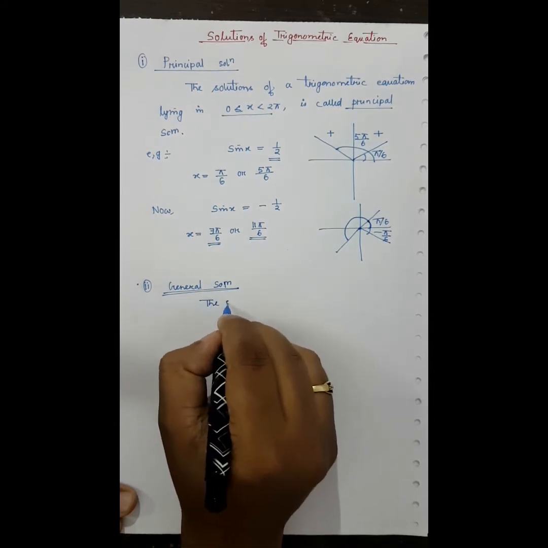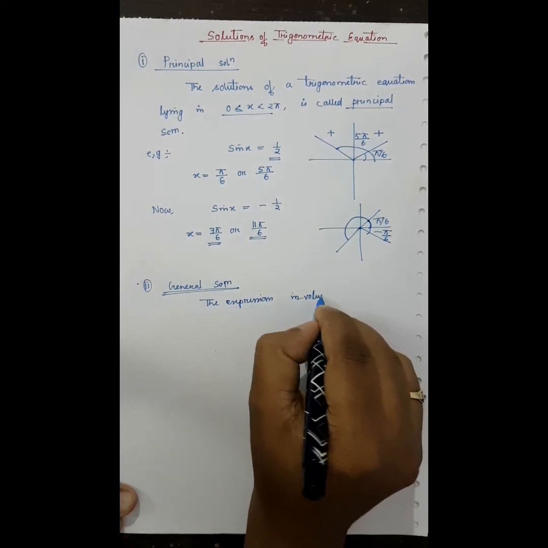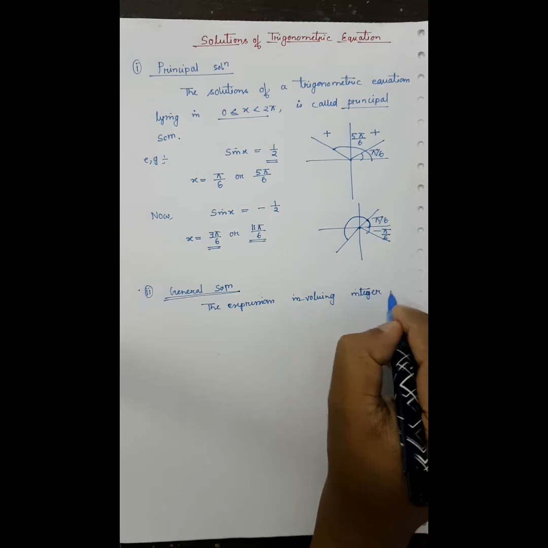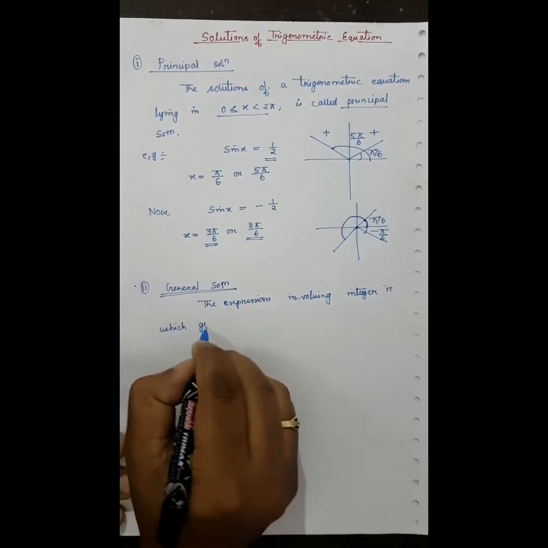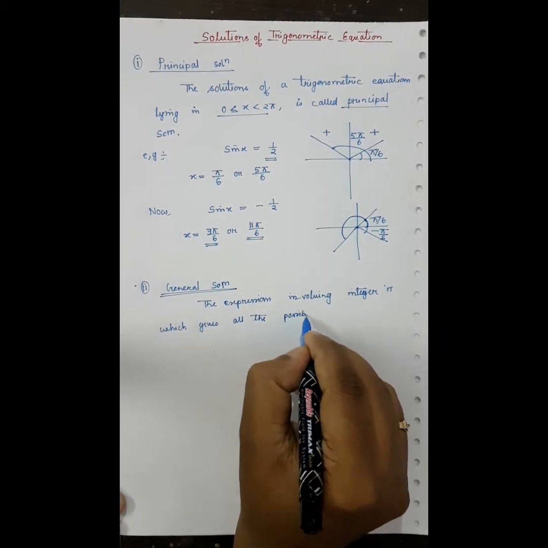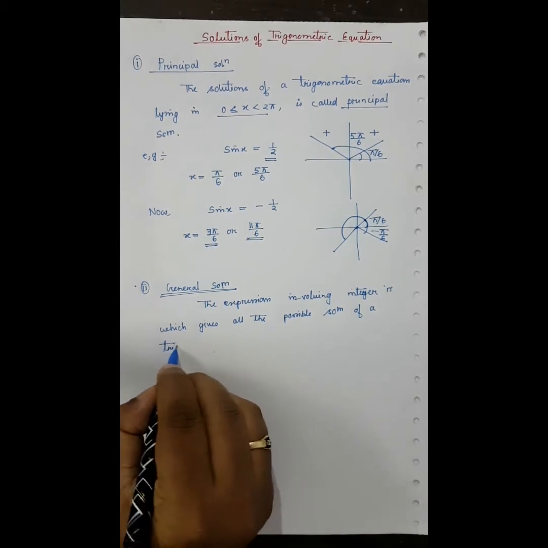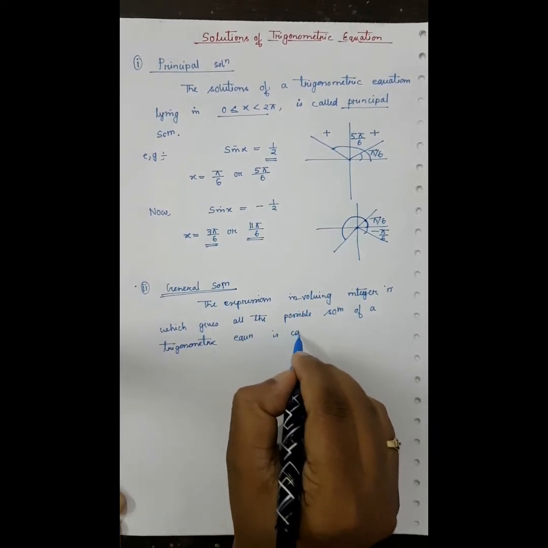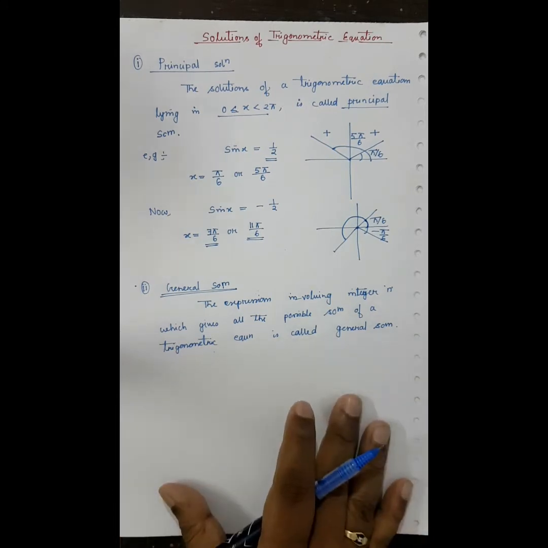The expression involving integer small n, which gives all the possible solutions of a trigonometric equation is called general solution.